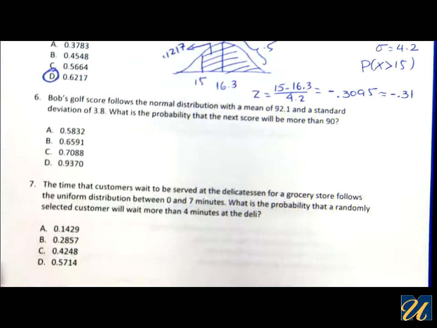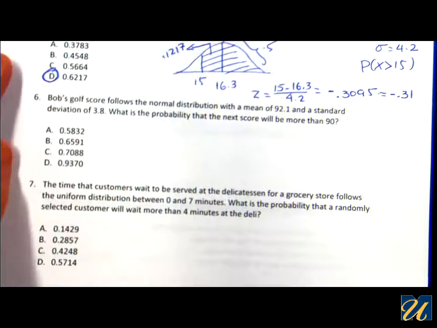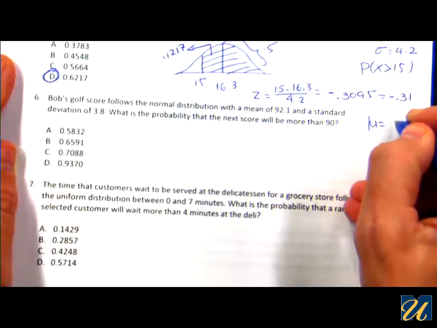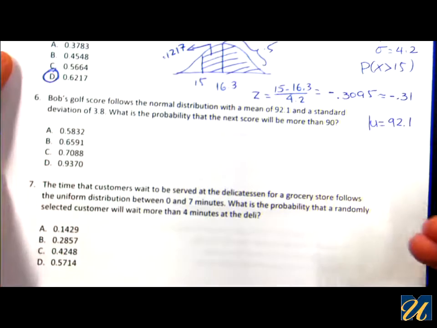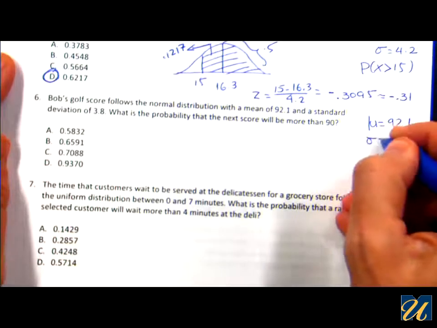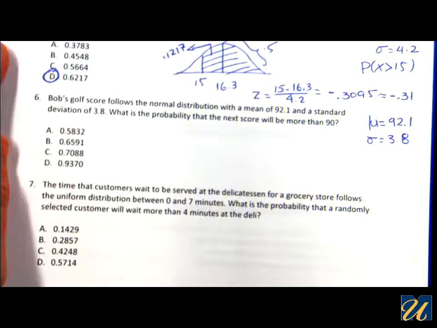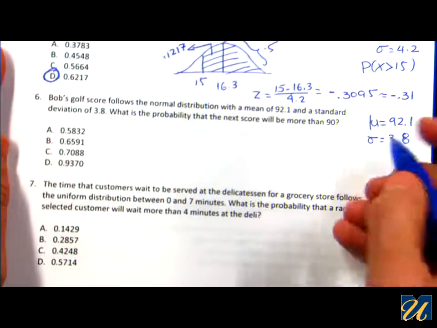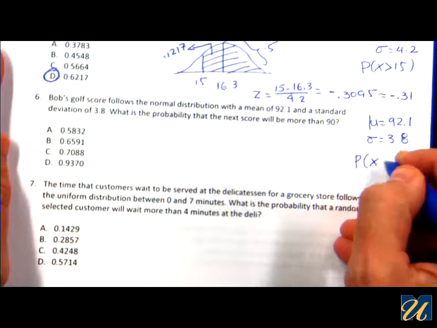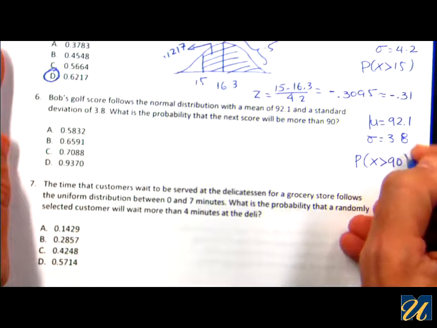Bob's golf score follows the normal distribution with a mean of 92.1 and the standard deviation sigma equal to 3.8. What is the probability that the next score will be more than 90? So I'm looking for the probability of x to be greater than 90.